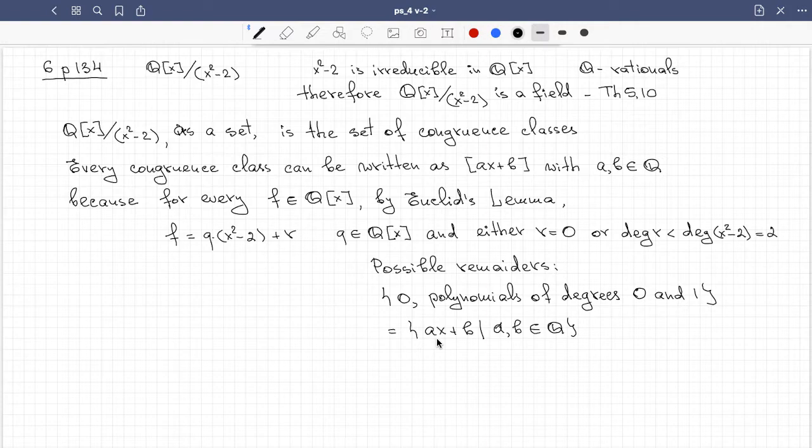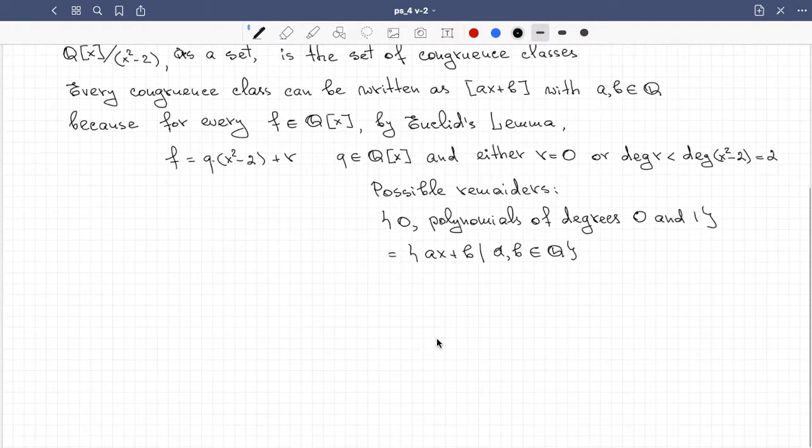Now we have that thus every polynomial is congruent to a polynomial of this form.